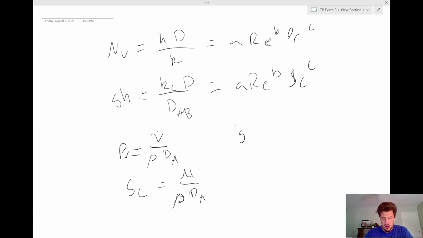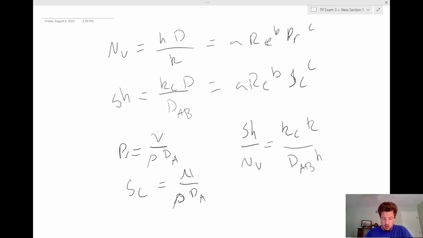So then we will divide these two numbers, the Sherwood and Nusselt numbers, and we'll break those down into their simplest forms, which will be the mass transfer coefficient multiplied by the thermal conductivity divided by the density, or the diffusivity coefficient multiplied by H.